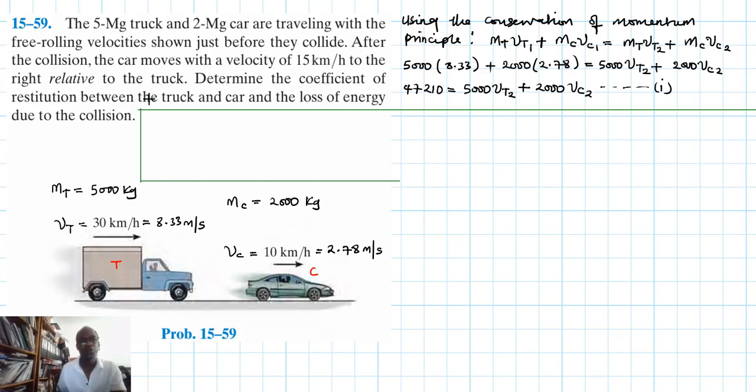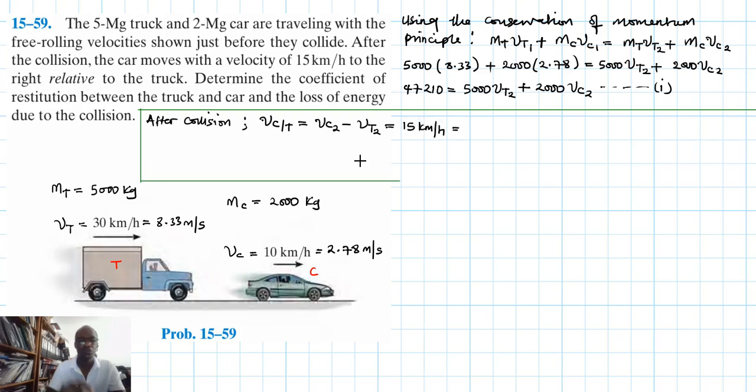We've been told that after the collision, the velocity of the car relative to the truck, which is also written as VC2 minus VT2, is equal to 15 kilometers per hour.